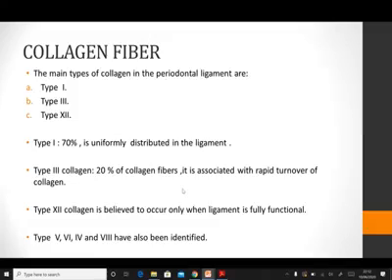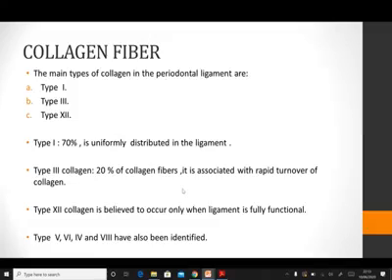Out of these three types, type 1 is the most abundant. About 70% of the collagen fiber system of the PDL is type 1, and it is uniformly distributed throughout the ligament. However, type 3 is only about 20%. It only constitutes 20% of the collagen fibers, and this type of collagen, type 3, is associated with the rapid turnover of the collagen of the periodontal ligament.